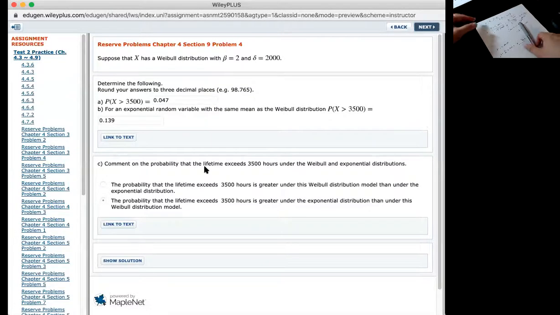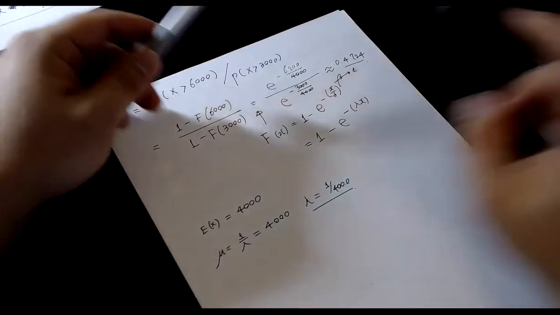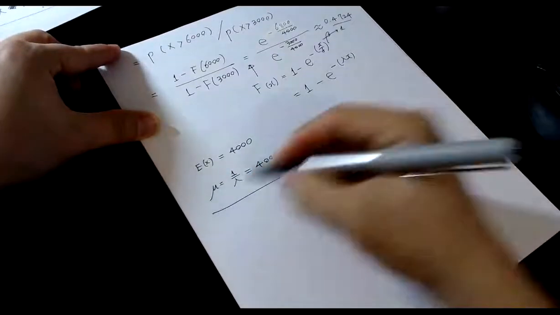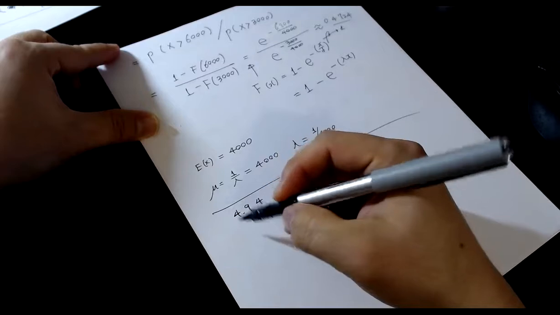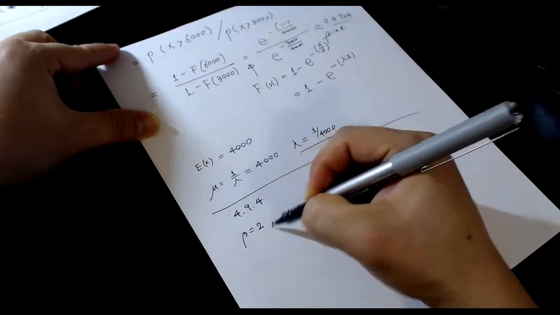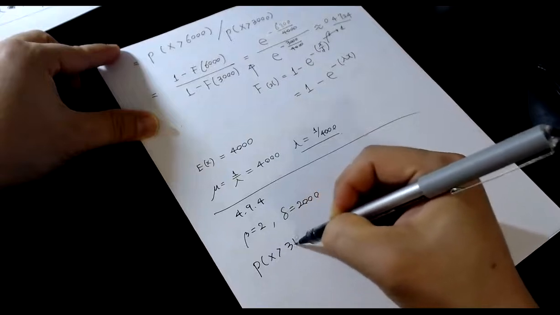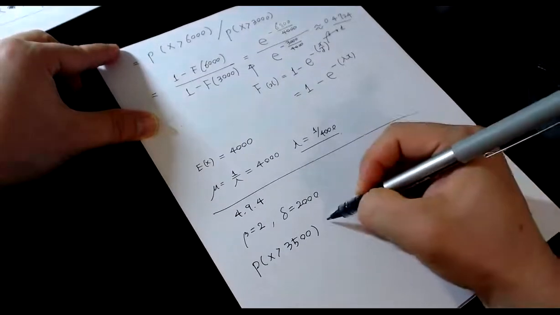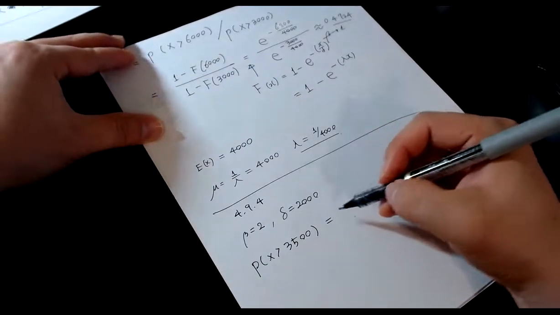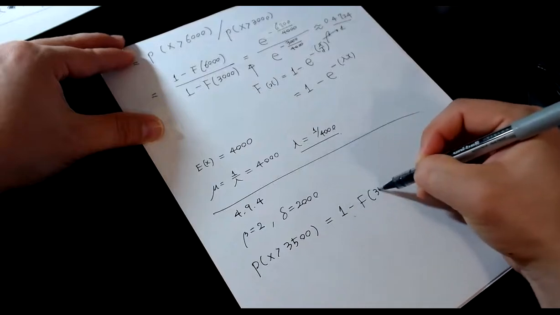Suppose that x has a Weibull distribution with beta equals 2 and delta is 2,000. Determine the following. Round your answer to 3 decimal places. The probability x is greater than 3,500. This is 4.9.4. So beta equals 2, delta is 2,000, and the probability that x is greater than 3,500 is equal to 1 minus F of 3,500, right?